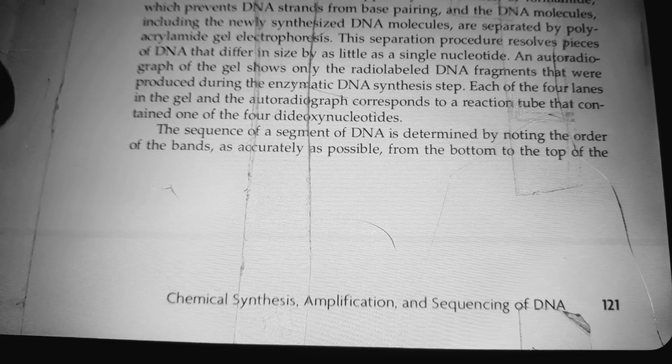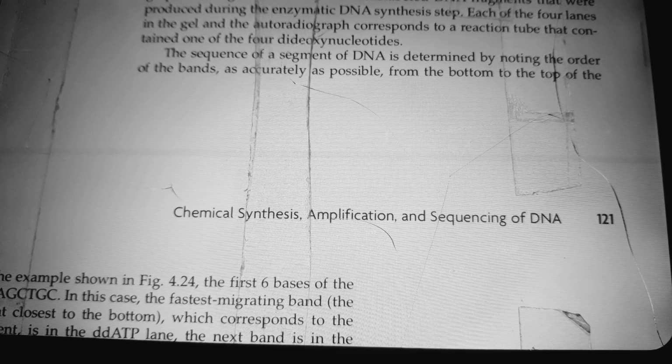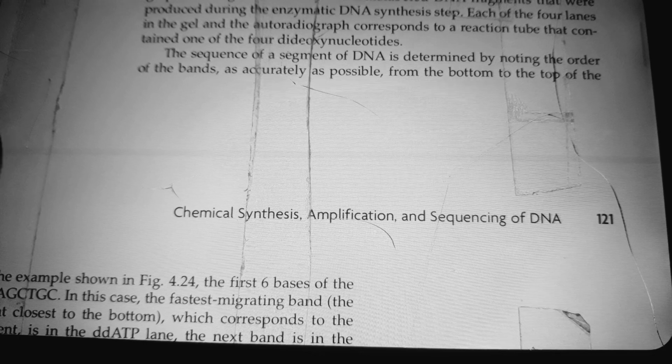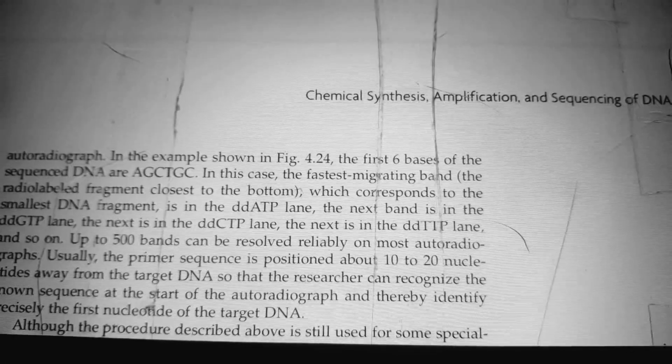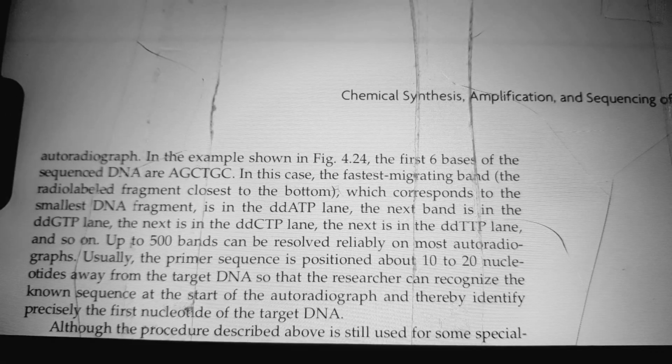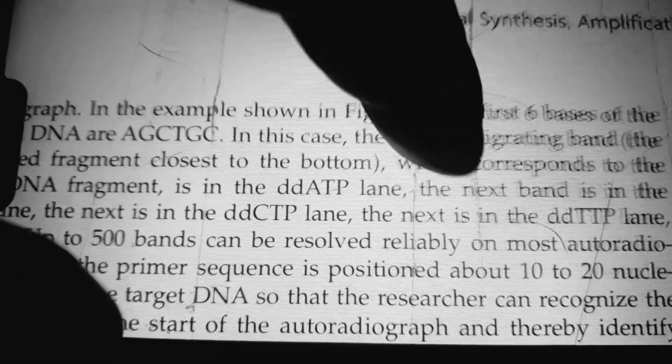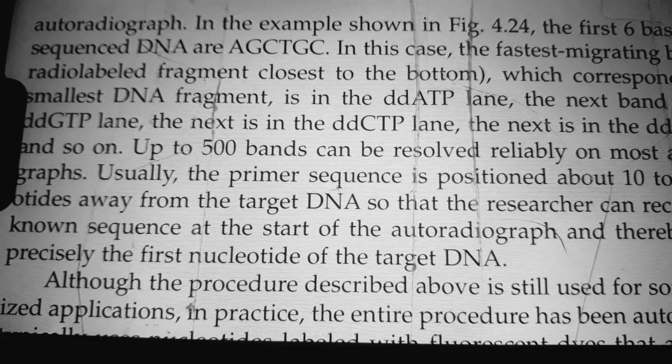The sequence of a segment of DNA is determined by noting the order of the bands as accurately as possible from the bottom to the top of the autoradiograph. In the example shown in figure 4.24, the first 6 bases of the sequenced DNA are ATC, TGC.